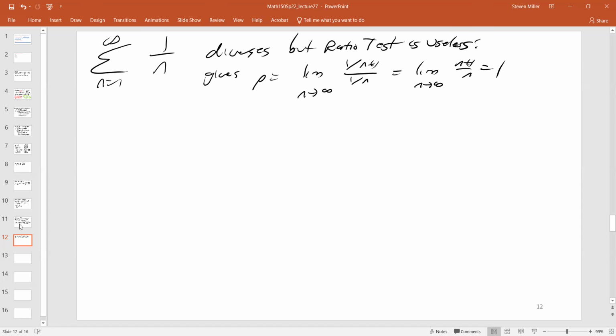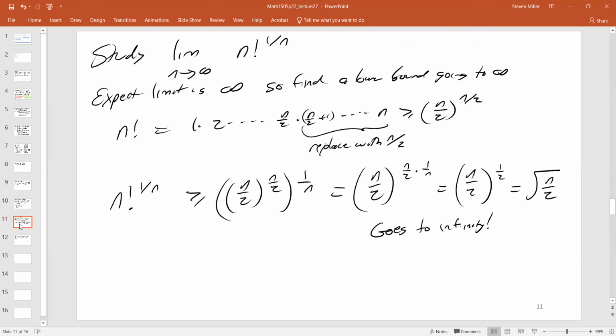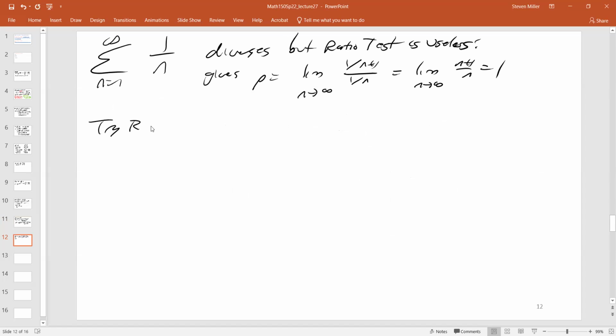So, given that the ratio test is useless, what should we do? Yeah, let's try the root test. So try root.